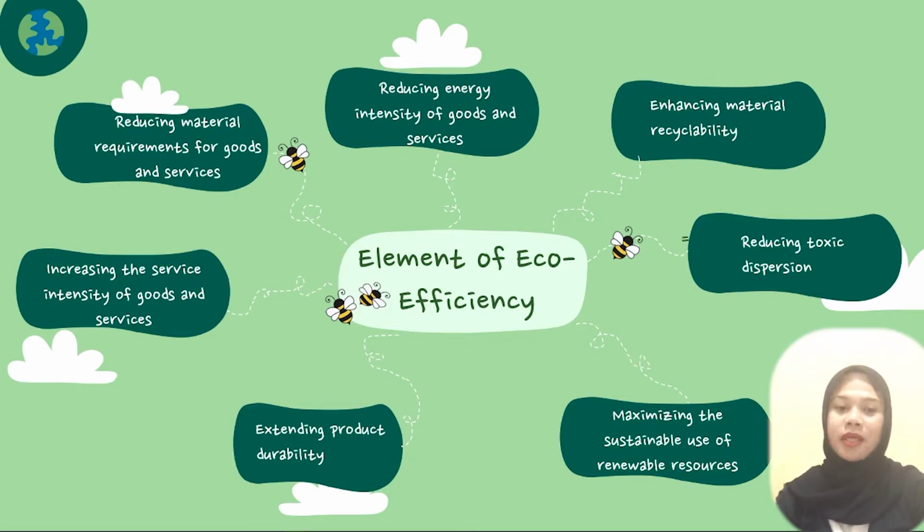Fifth, maximizing the sustainable use of renewable resources. Sixth, extending product durability. And the last one is increasing the service intensity of goods and services. So now you know the elements of eco-efficiency. Let's move on to the examples of implementations of eco-efficiency.